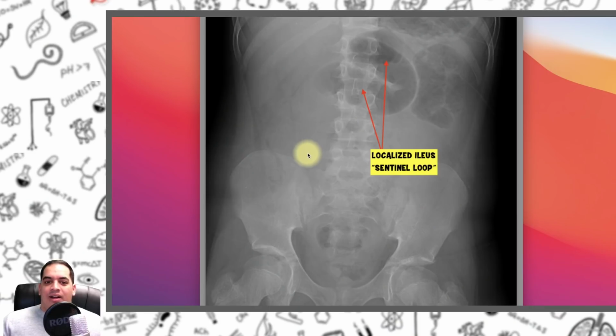All right, so let's take a look at an abdominal x-ray. Again, these aren't super diagnostic of a patient who we suspect has pancreatitis. It's just something that if you see it, hey, maybe they could have pancreatitis if their symptoms and some of their labs are indicative of that. But something that you may see on your exam as a very important thing is what's called a sentinel loop.